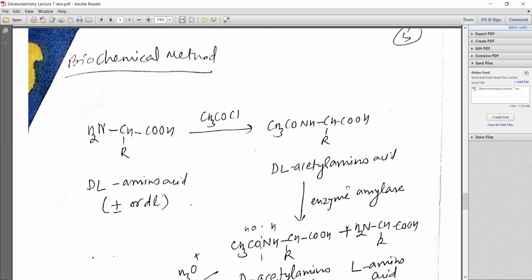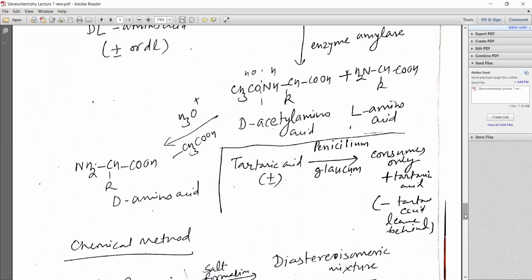And when this mixture of DL acetyl amino acid is reacted with the enzyme amylase, we will get D-acetyl amino acid and L-amino acid.